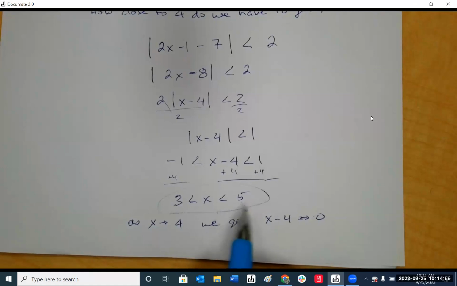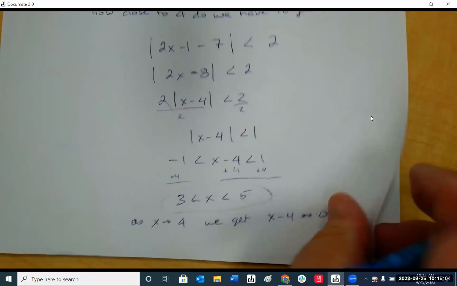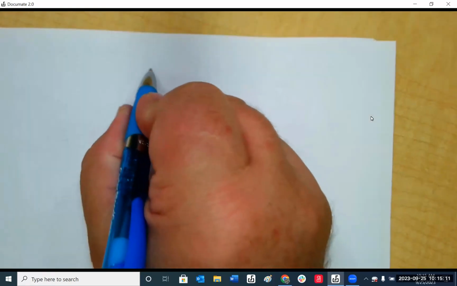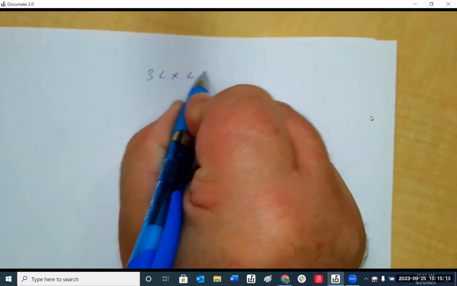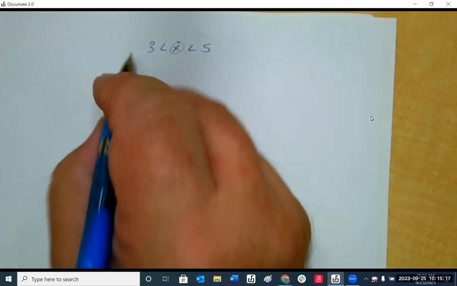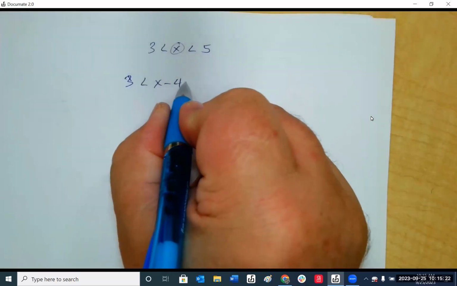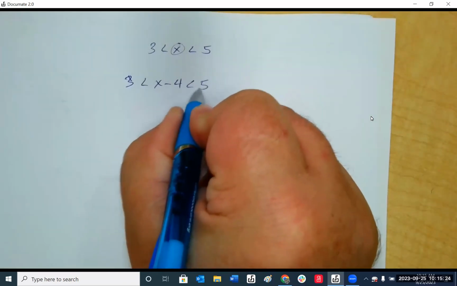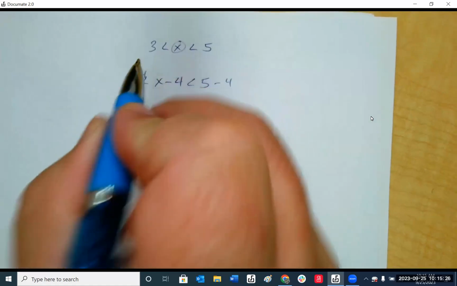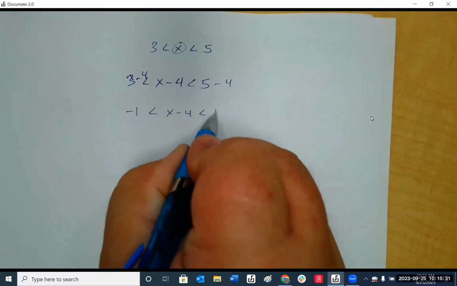So with respect to this, since our expression here was x minus 4, if we subtract 4 we get negative 1, and x minus 4 is 1.